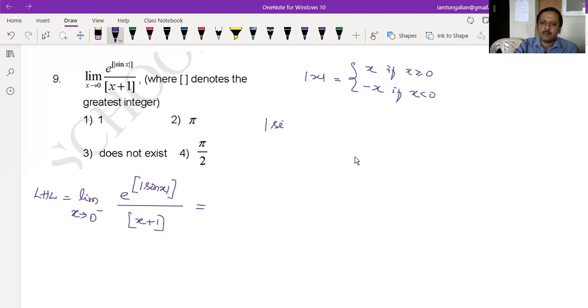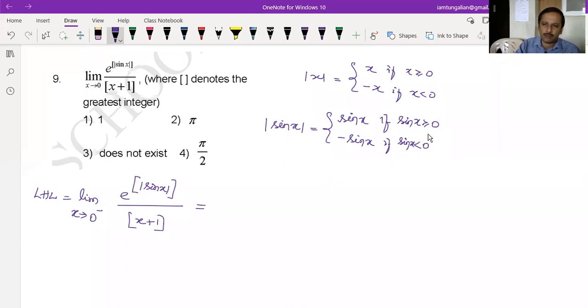In the same way, mod sin x is defined as sin x if sin x is greater than or equal to 0, and minus sin x if sin x is less than 0. So it is sin x if sin x is positive, minus sin x if sin x is negative.